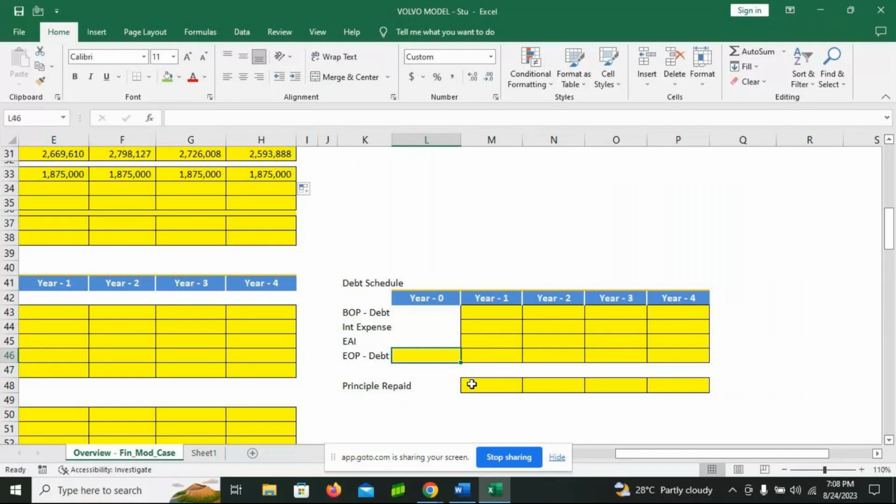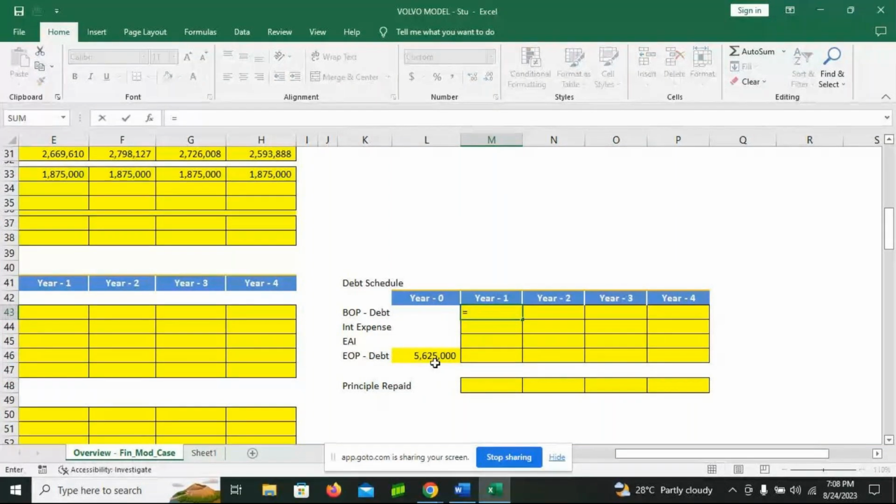So end of period, what is the debt amount that I have? So 75 lakh into 75%. So on the overall amount 25% I'm going to take as equity, that is 56 lakh 25,000 loan I'm going to take. So now at the beginning of the period, that is year 1, the loan amount is 56 lakh what I have.